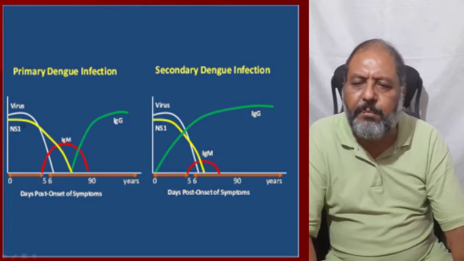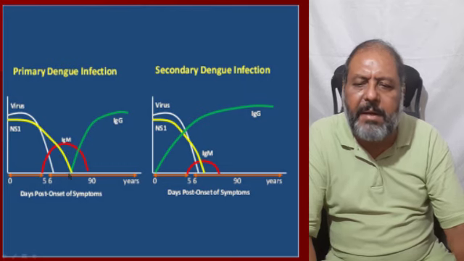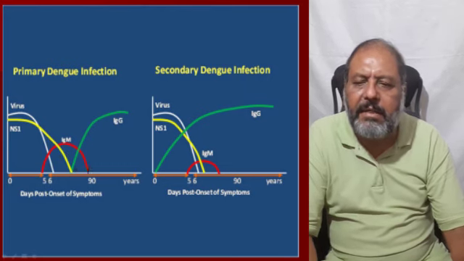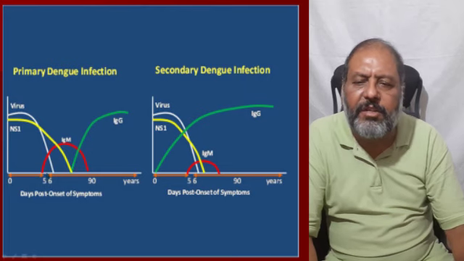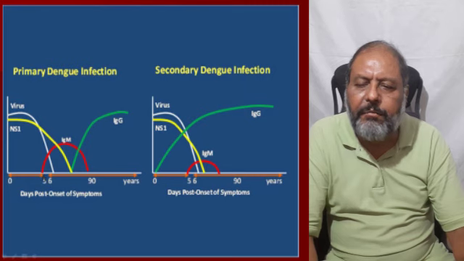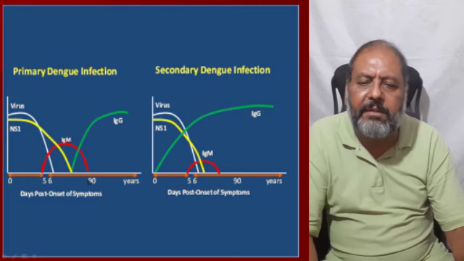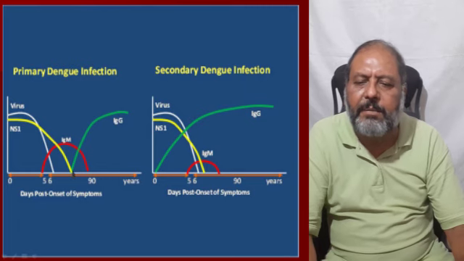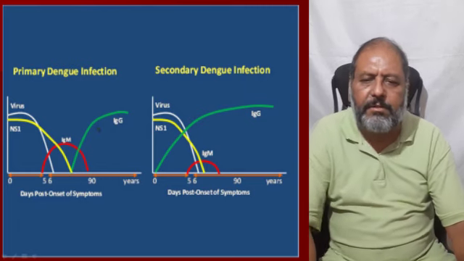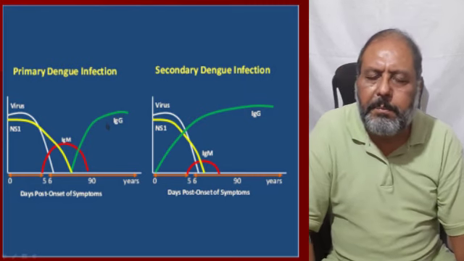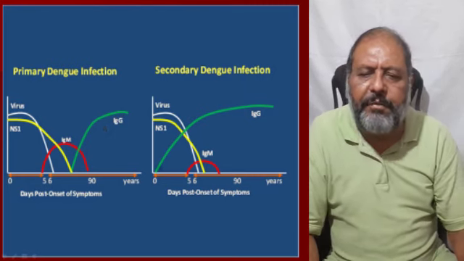The NS1 protein is apparent in the blood up to 7 to 9 days, and then one can see the appearance of the IgM antibody on the 5th day, which lasts up to 90 days, and IgG antibodies start appearing after about 2 weeks and remain in the blood for a longer time, which can be detected in dengue fever.